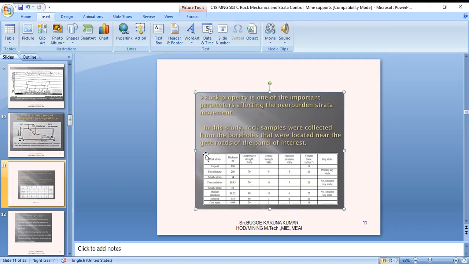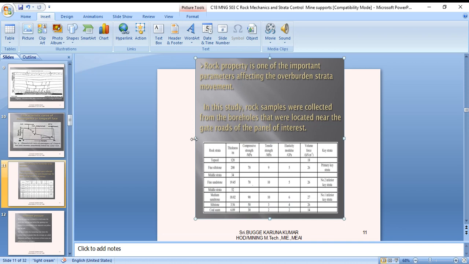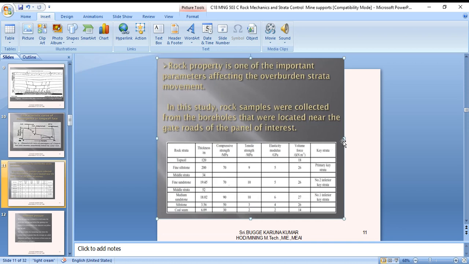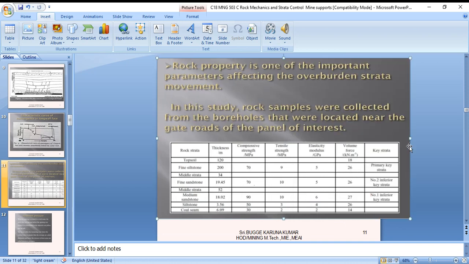Rock property is one of the important parameters affecting overburden strata movement in this study. Rock samples were collected from the borehole located near the gate road of the panel of interest. So the topsoil thickness is here.